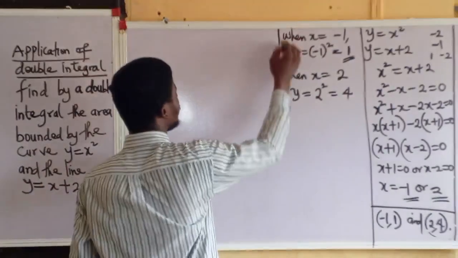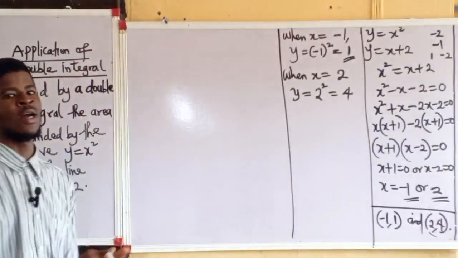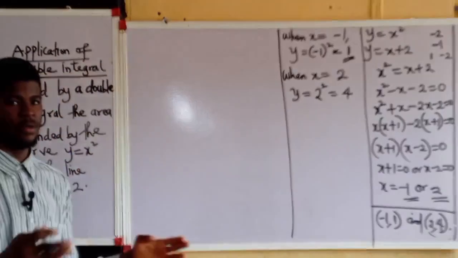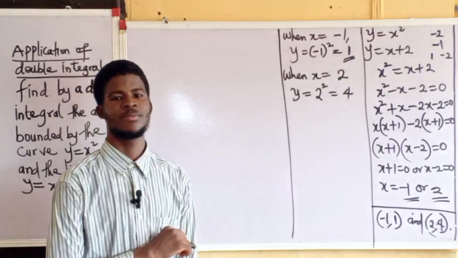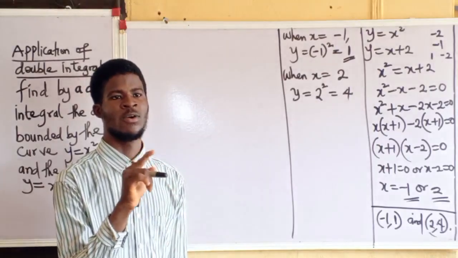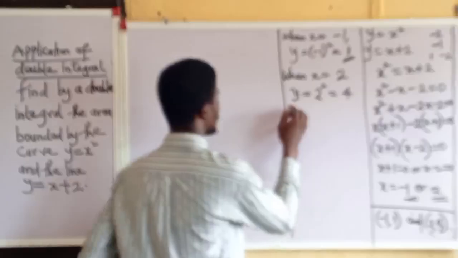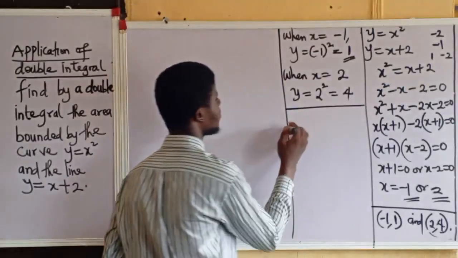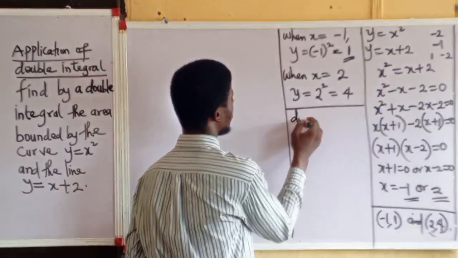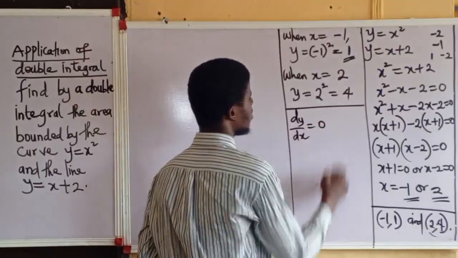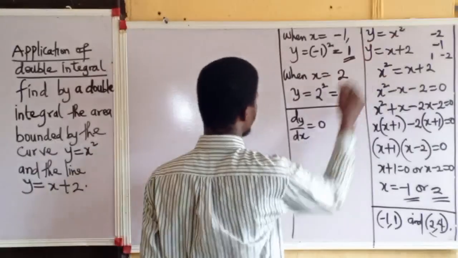Now, what I'm going to do next is to sketch the graph. I'm going to show on the graph the curve and the line. To do that, I need a stationary point or a turning point on the curve, the point where the curve turns. From calculus, at a turning point or stationary point, the gradient of the curve, dy/dx, is 0. The curve is y equal to x squared.